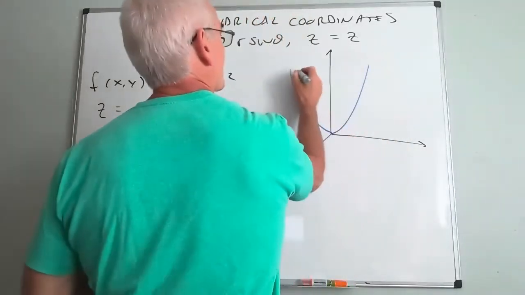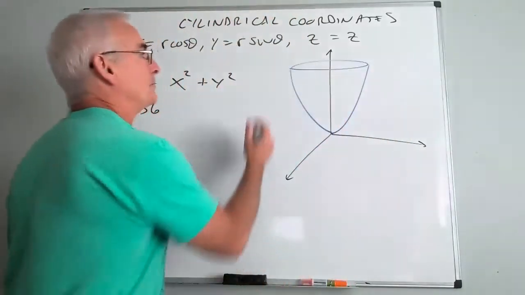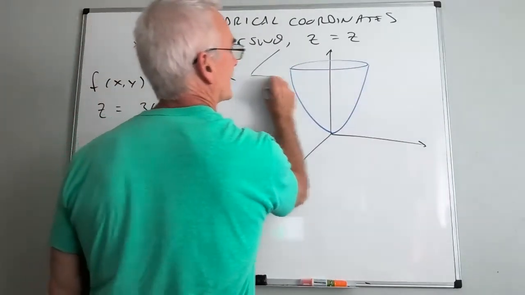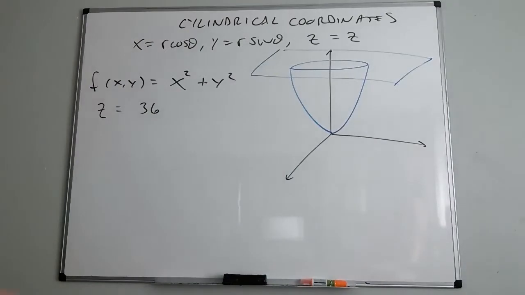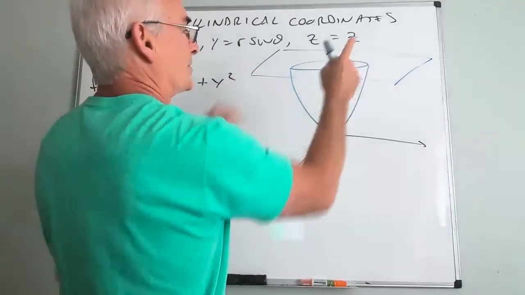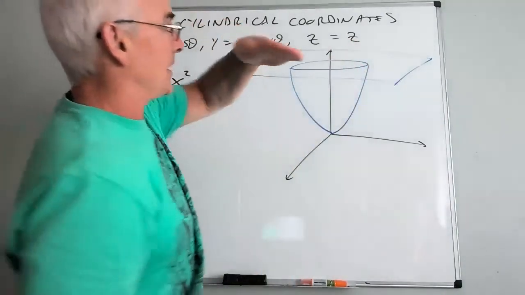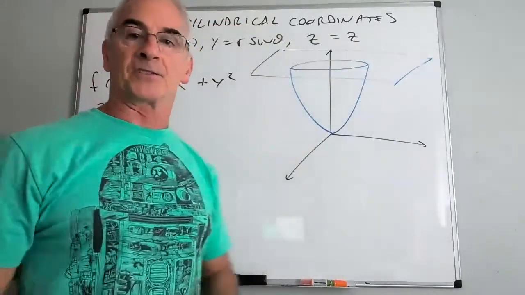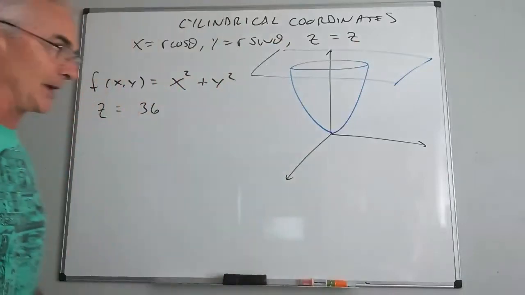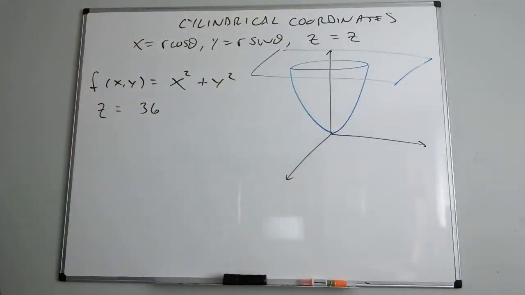So we know what this looks like, and I'm bounded by the plane. Hopefully you can kind of see what's going on there. I've got this circular paraboloid opening upwards, and then I'm slicing it with the plane z equals 36 and creating this gumdrop, basically, this bullet shape. I would like to find the volume of this thing.